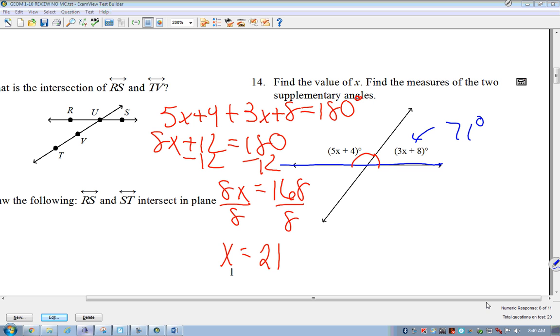Because they're supplementary, I don't even necessarily have to plug it back into 5x plus 4. I just need to subtract 71 from 180. It should get like 109. 109. And you can check it. 5 times 21 should be 105. 105 plus 4 would be 109. So 109 degrees and 71 degrees. Chandler, can you tell me what's in the answer key for that question?